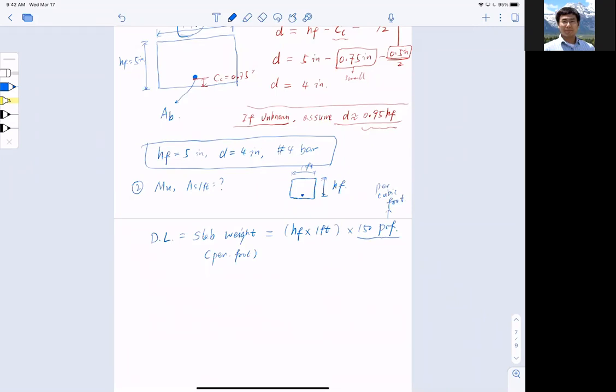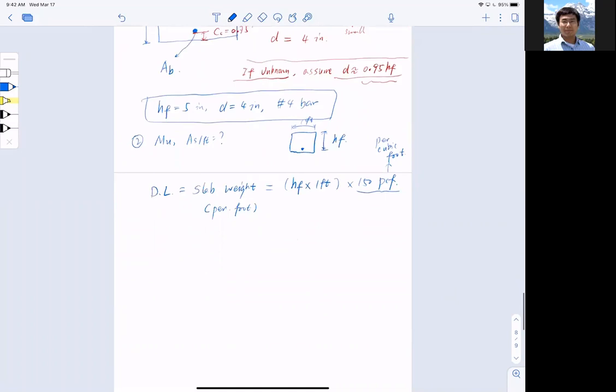And this is looking good, right? But I want everything converted to per foot, okay? So watch me here. This is hf, right? What is hf? hf is 5 inch, okay? And this is pound, right? So I have 1 foot, so 12 inch, okay? Now look here, I have 150 pounds, so lbf divided by 12 inch, and this is cubic, so multiply 12 inch, multiply 12 inch.